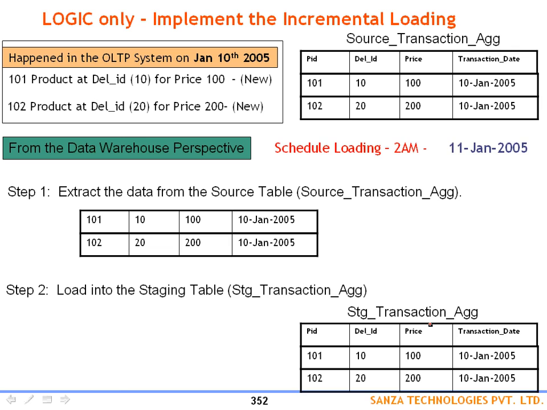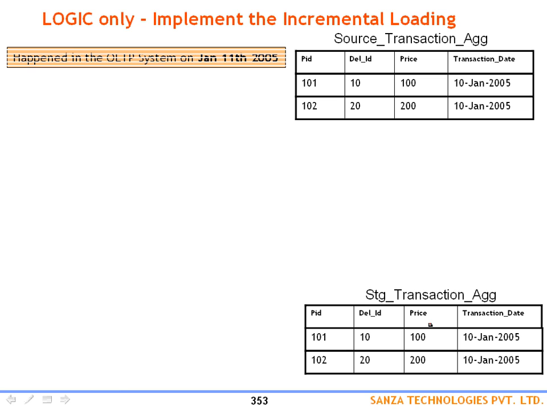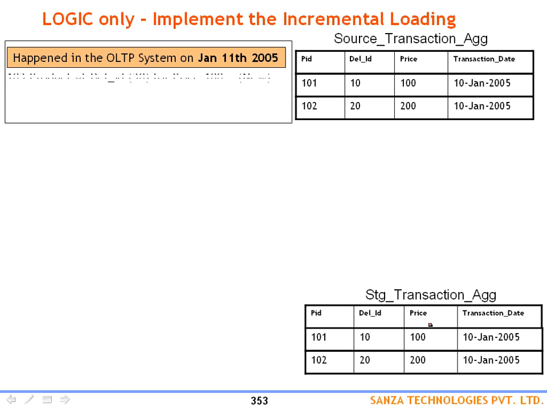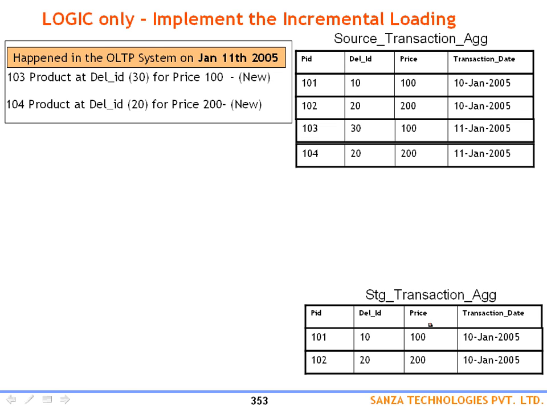Then the next day, what happened? In your source table, on 11th January, transaction 103, a product at dealership 30 with price 100, happened. Transaction 104, a product at dealership ID 20 with price 2, happened.